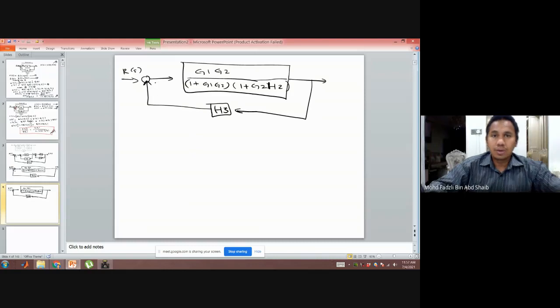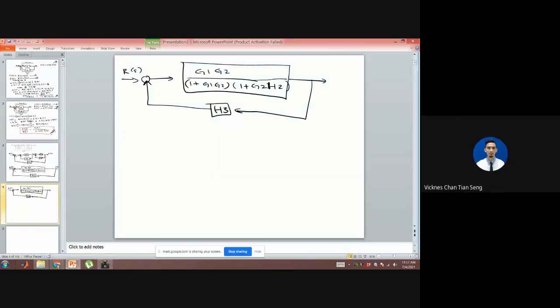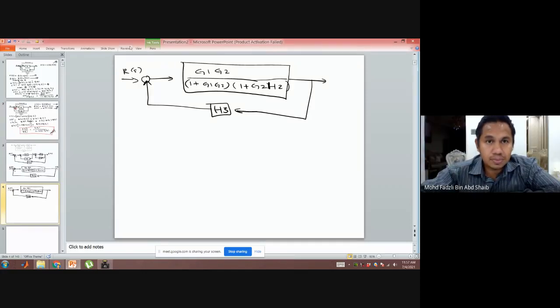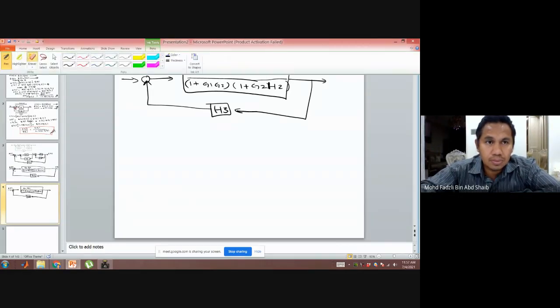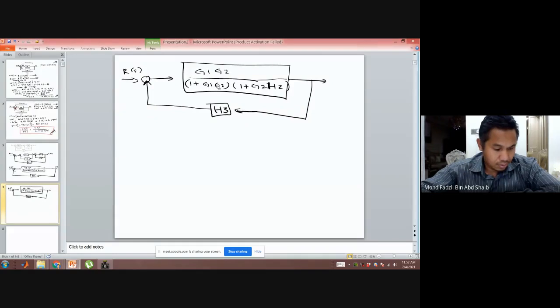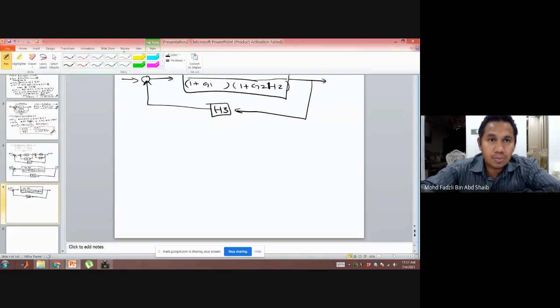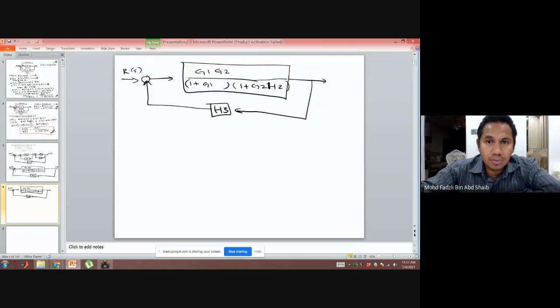Okay, this one we need to. Doktor, the G1 has H1 beside it. Yeah, H1 was wrong. H1, right?